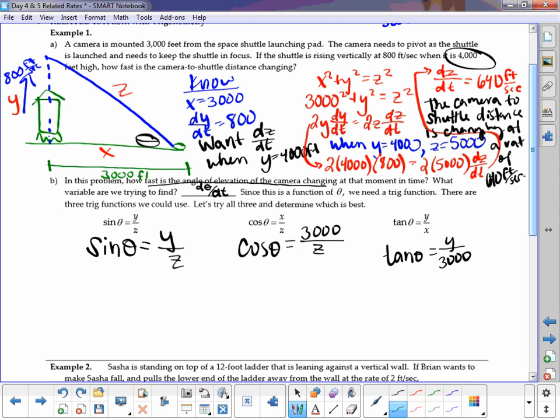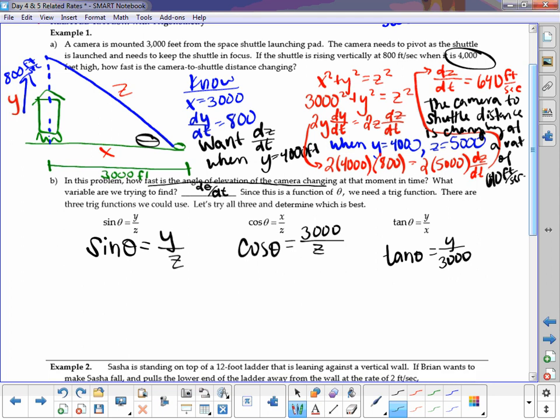For cosine, I don't know z, and when I go to do the derivative, I would have d theta dt, just fine, that's what we're looking for. And I would have dz dt. Do I have dz dt? We found that, right? Okay. Yes. Why are we using 5,000 for z? Why aren't we using it? Yeah.